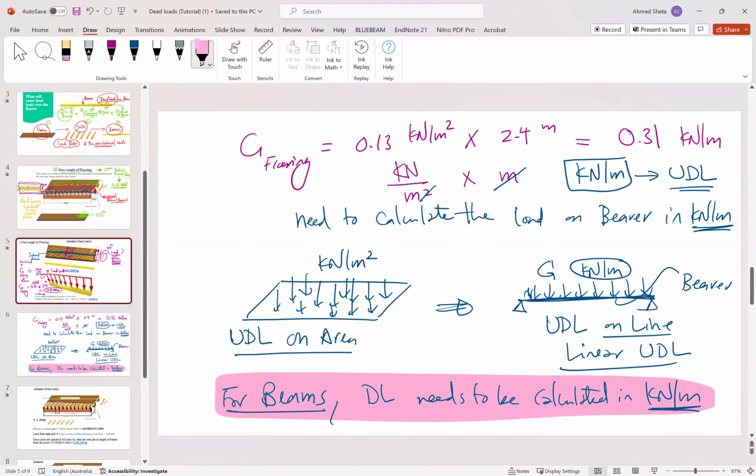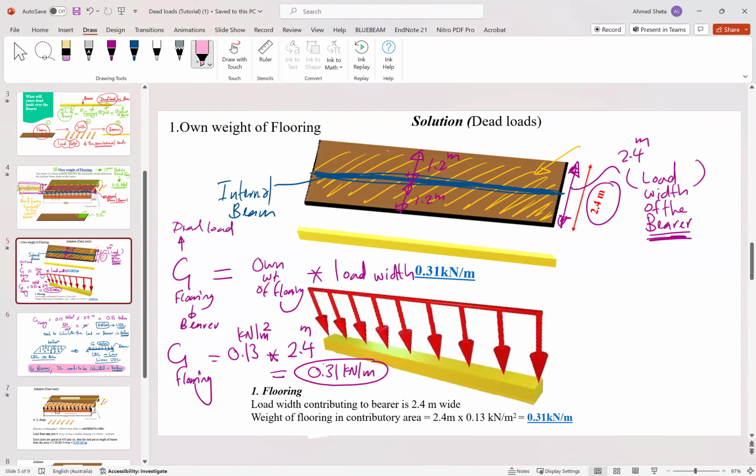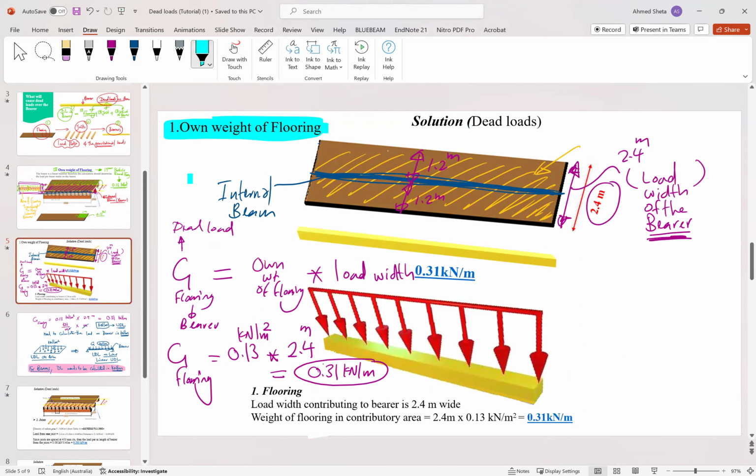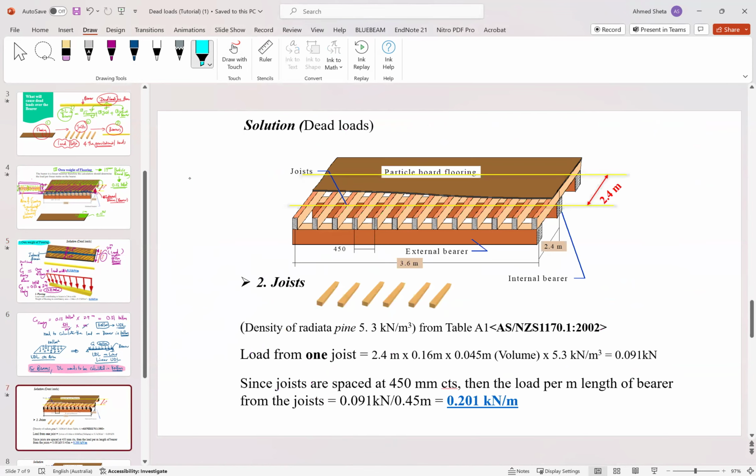So this is the first component of the dead load on the bearer, which is the own weight of flooring. The second component will be the weight of the joist. So as you can see here, these are the joists. We have a lot of mini joists in this example because the joists are members that help the bearer to carry the load of the floor.